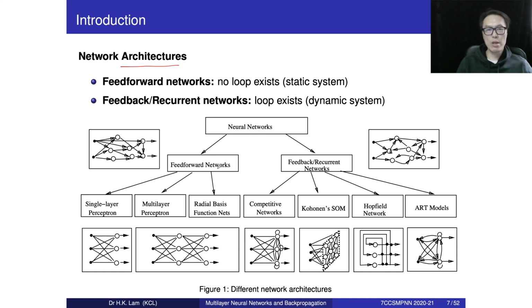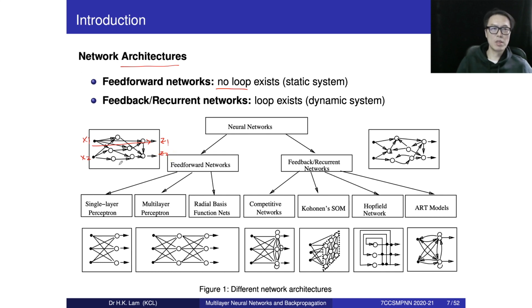Why is it called a feedforward neural network? It is mainly because there are no loops. No loop means that when we present any input x1, x2, it just flows through to the output, and we are able to measure z1, z2 right here.